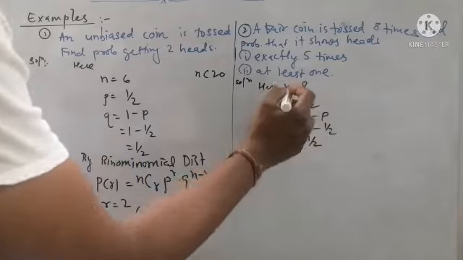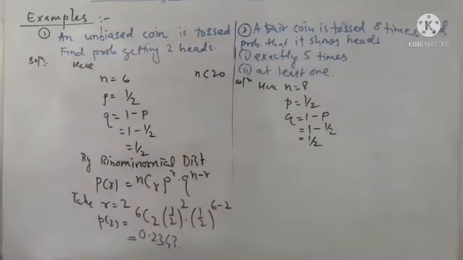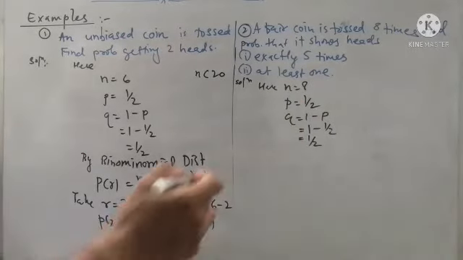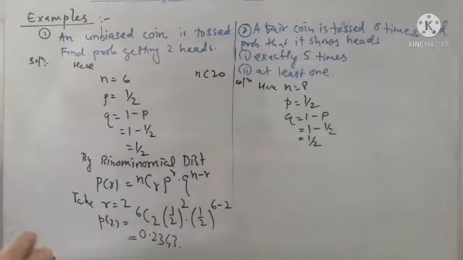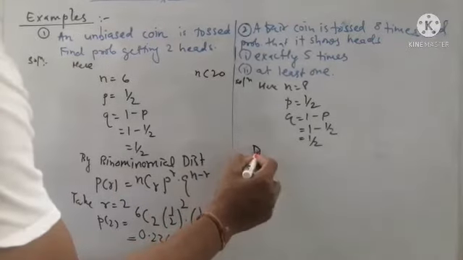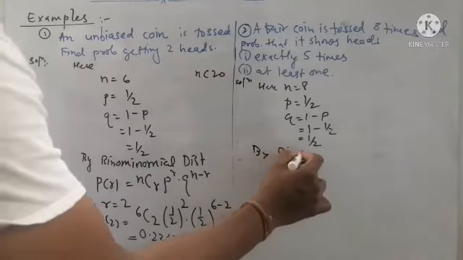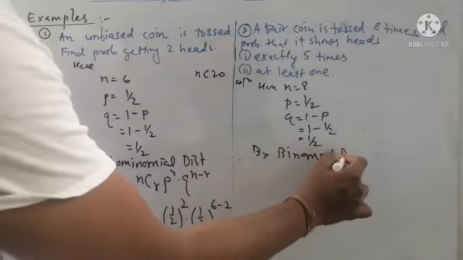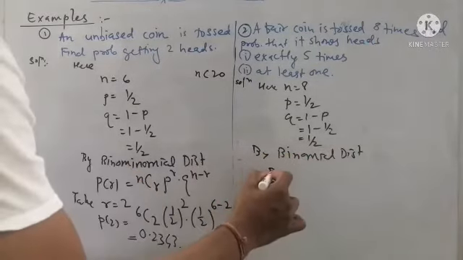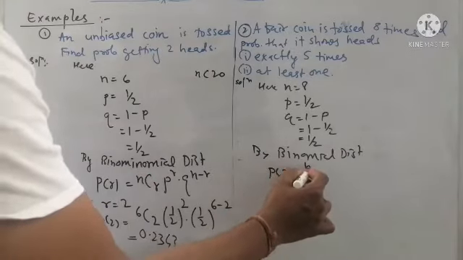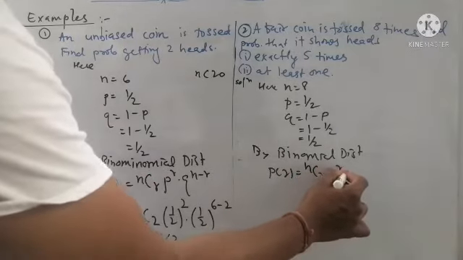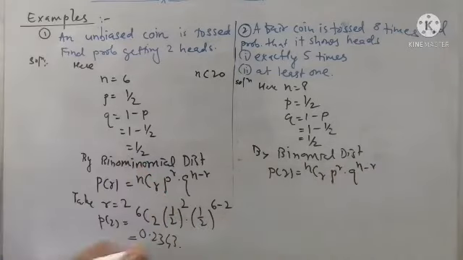So we get n 8, p half, q again half. Now as n is less than 20, use binomial distribution. By binomial distribution, the probability of r successes out of n trials is nCr p raised to r q raised to n minus r.